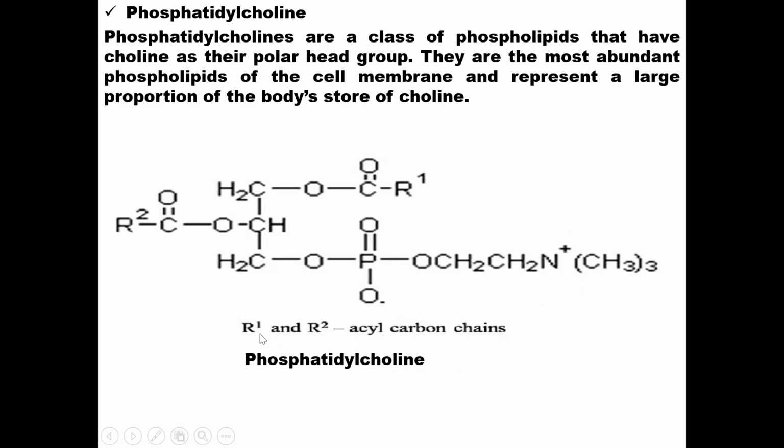Here we have R1 and R2 as the acyl carbon chains, that is, the carbon chains from the fatty acyl groups attached at carbon 1 and carbon 2. So this is phosphatidylcholine. Choline, as we explained earlier, is an important component in nervous transmission. It helps in communication, it is in the form of acetylcholine, and it also serves as a store form of labile methyl groups.